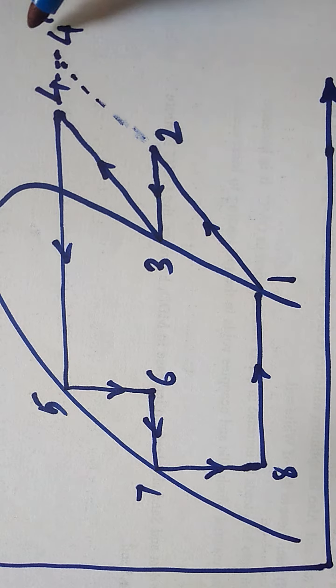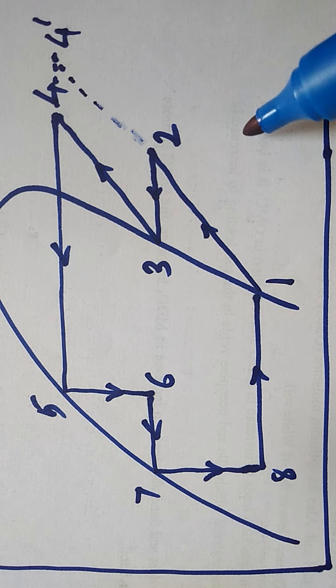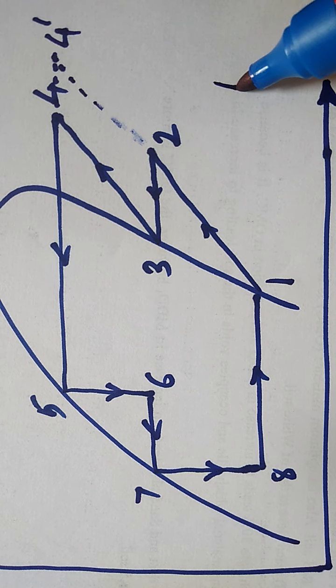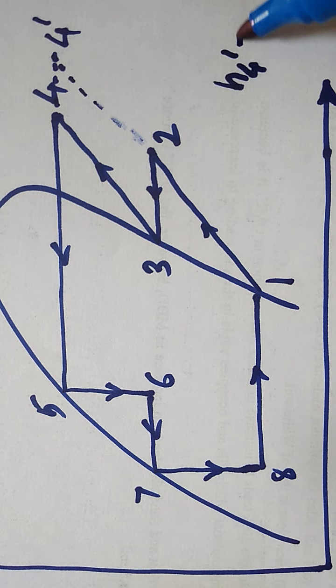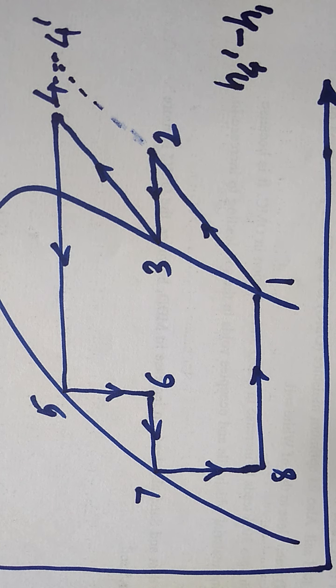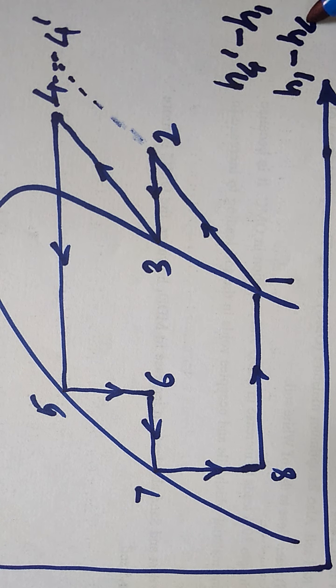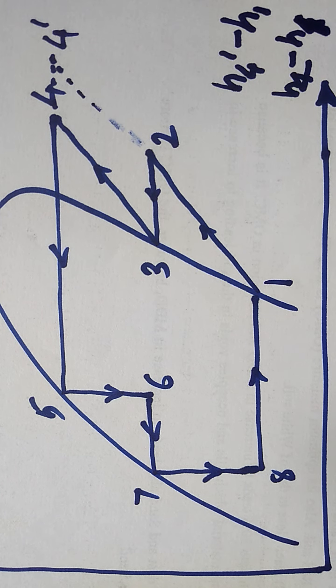Because if it is compressed in a single stage, then the work done will be H4 dash minus H1. If it is compressed in 2 stages, then the compressor work will be H4 minus H1. H4 dash minus H1 is more than H4 minus H1.